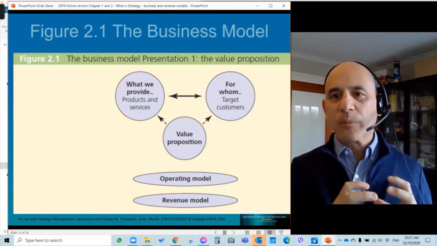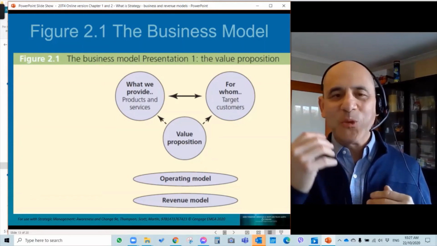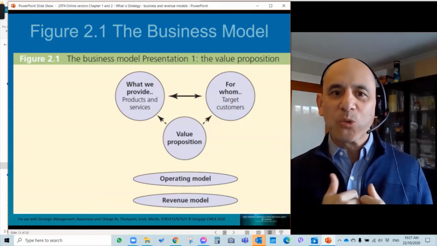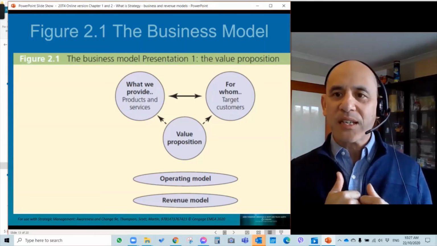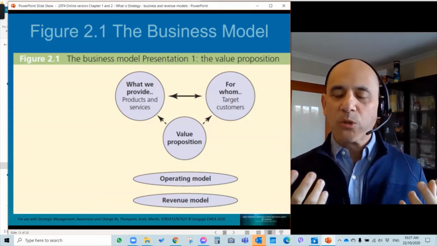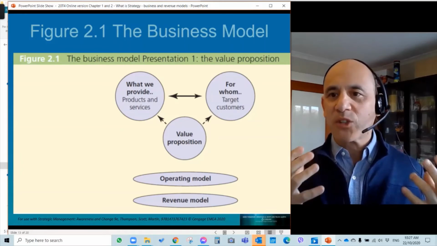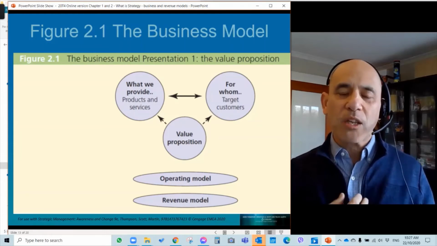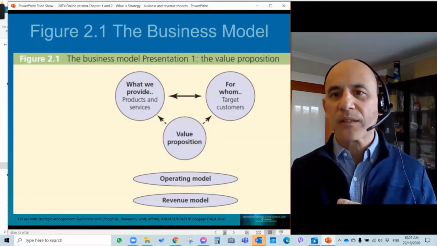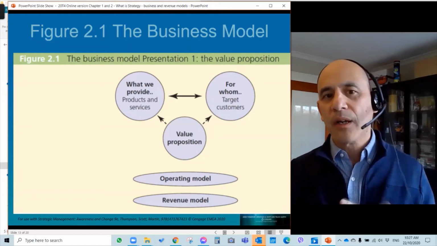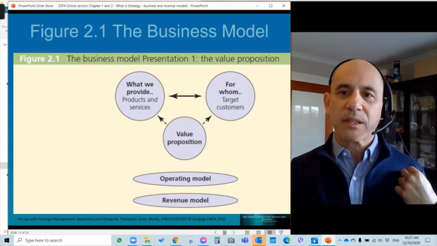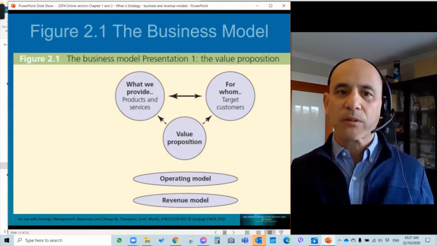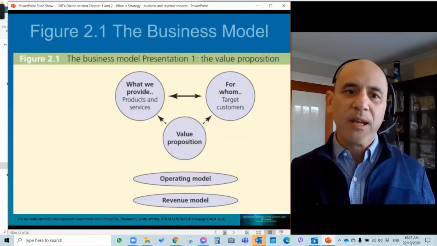So what's the value proposition? Why would students like you choose CIC? For many of you, you will choose CIC because it's one of the cheapest colleges. But there are other reasons why you might choose it. It's possible that you had a friend who said that they enjoyed their learning within the school, and they said that this school is very appropriate for international students.